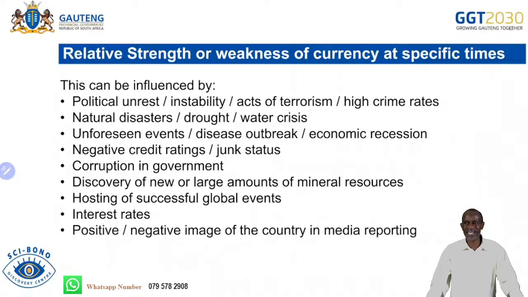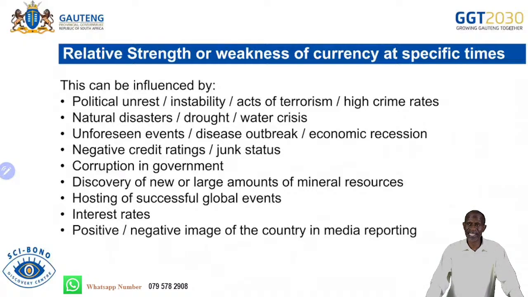So it is relative. It is not stable. It is not staying at the same value over time. So it changes with the variables that we find to be affecting our economy. So the strength and the weakness of a currency at specific times can be influenced by the following factors.